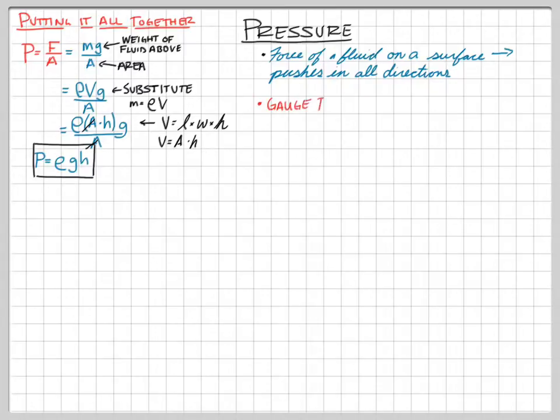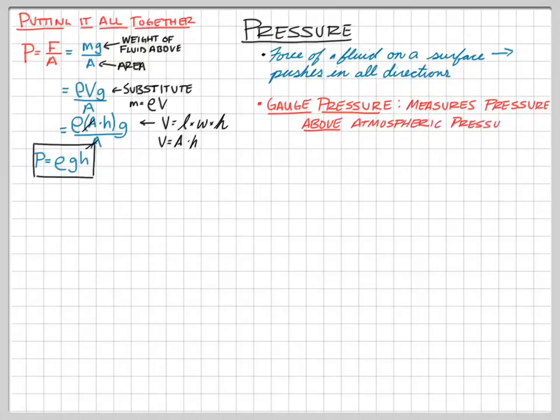Now, we talk about two different kinds of pressure. The first one is gauge pressure. This is the one that you're used to. Gauge pressure measures the pressure above atmospheric pressure. So if you use a tire gauge to get the pressure on your car tire, it's measuring the pressure above atmospheric pressure.